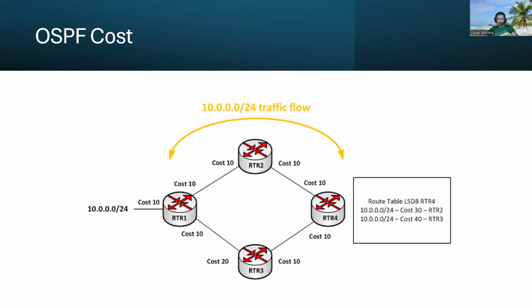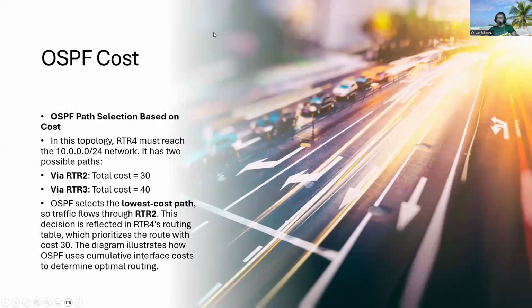Let's go. So this is the explanation. The OSPF path selection is based on cost. In that topology that we have just seen, RTR4 must be reached via this 10.0.0.0/24 network. It has two possible paths, the cost of 30 and the cost of 40. We saw those paths. OSPF selects the lowest cost path, so traffic will flow through RTR2, which is actually a cost of 30.